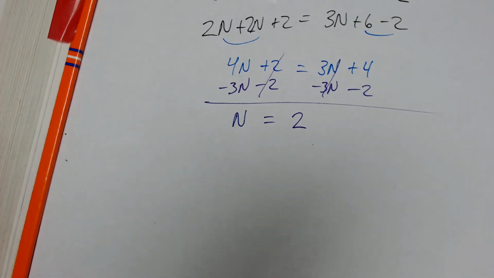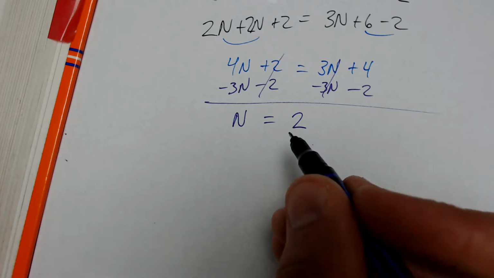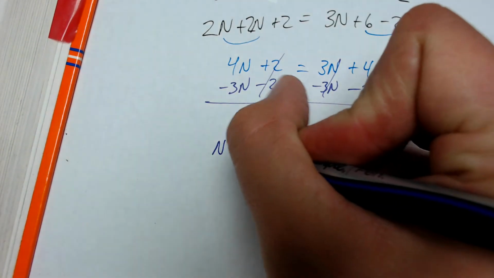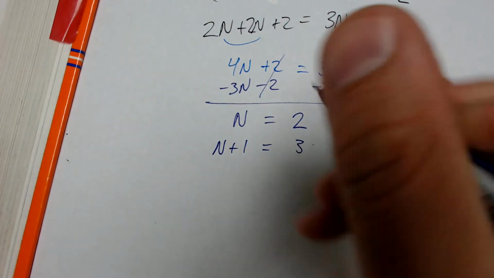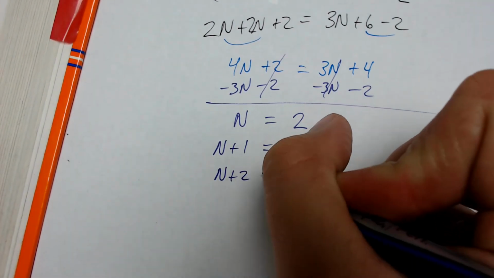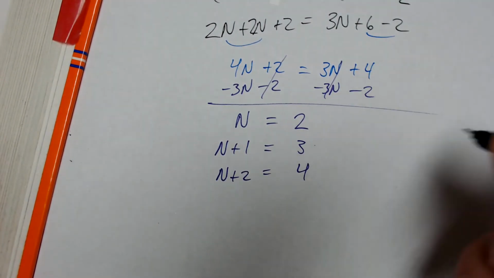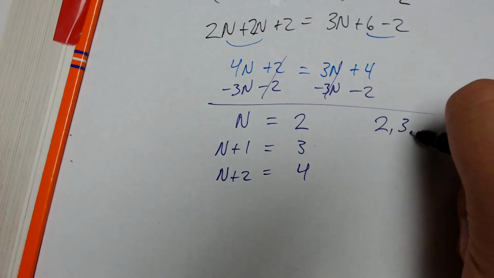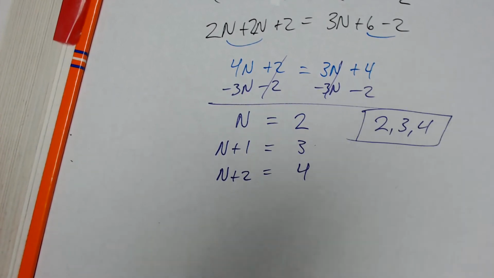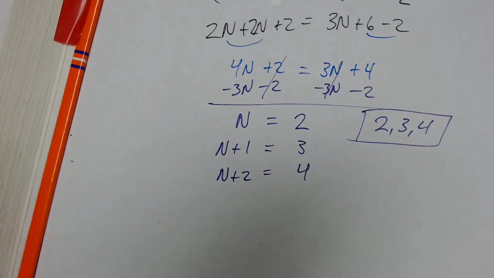But I'm not done. Now remember, I'm looking for 3 consecutive numbers. So if n is 2, then n plus 1 equals 3, and n plus 2 equals 4. So my numbers are 2, 3, and 4. And that's it. Is that all we're doing in this lesson? Consecutive integers? Yeah, that's it.